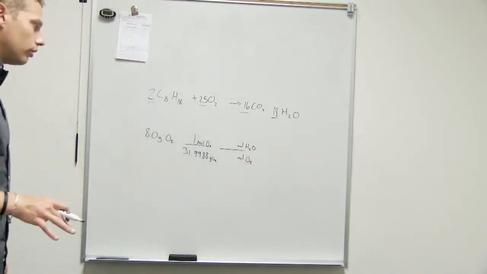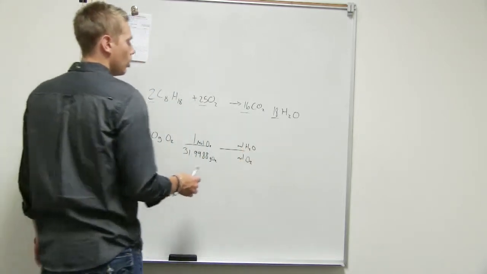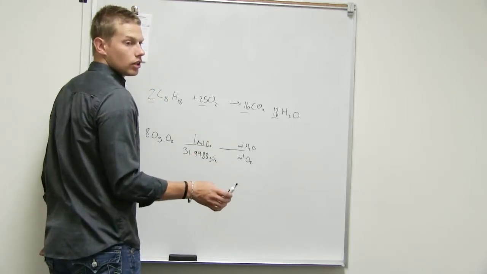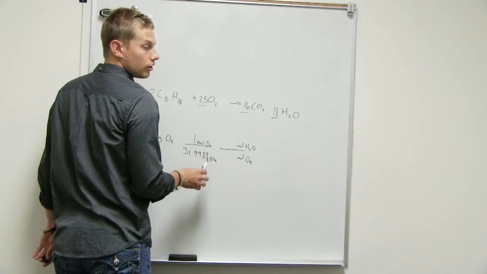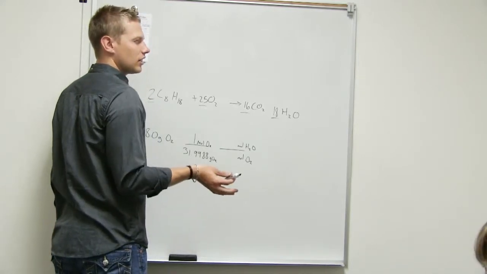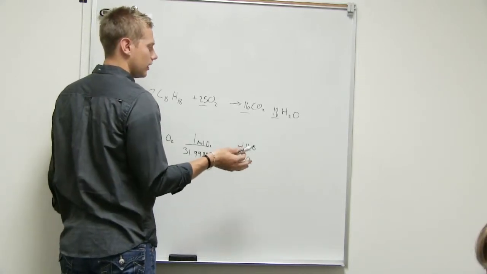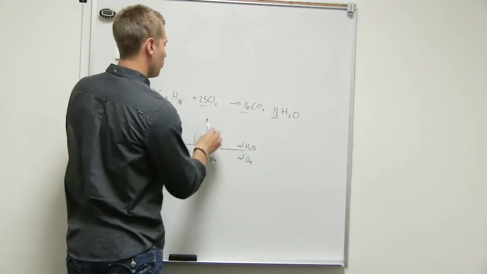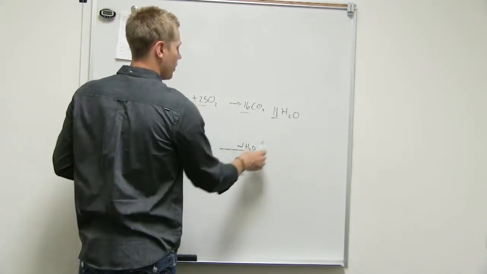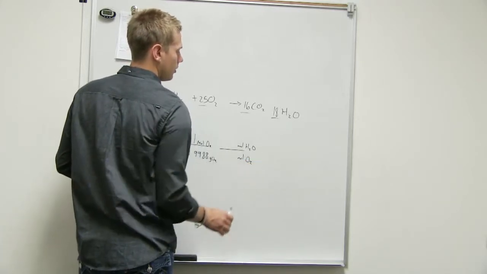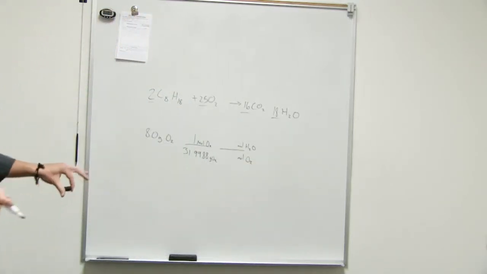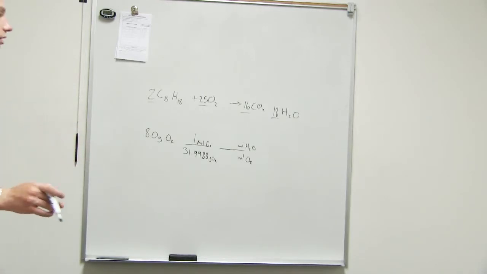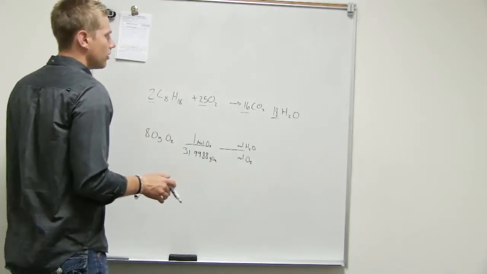How many moles of O2 do we have in our equation? Is that clear? Basically, what's our ratio in our equation from oxygen to water? Still not making sense?